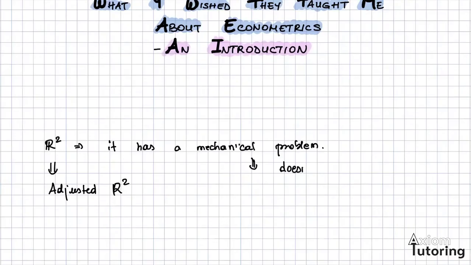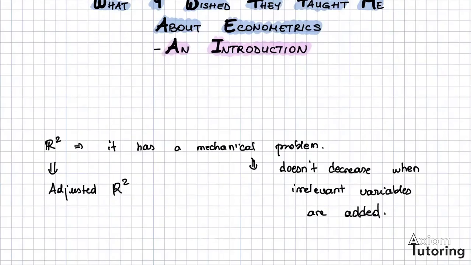R squared does not decrease when irrelevant variables are added. In fact, it increases. Why is this a problem? Well, if we only looked at the R squared, then the best model would be the one with the most variables.